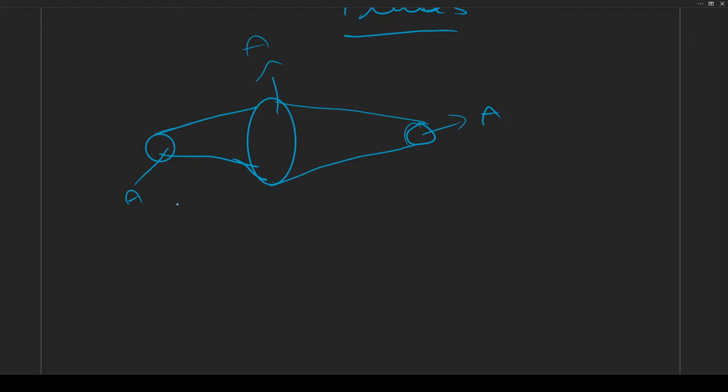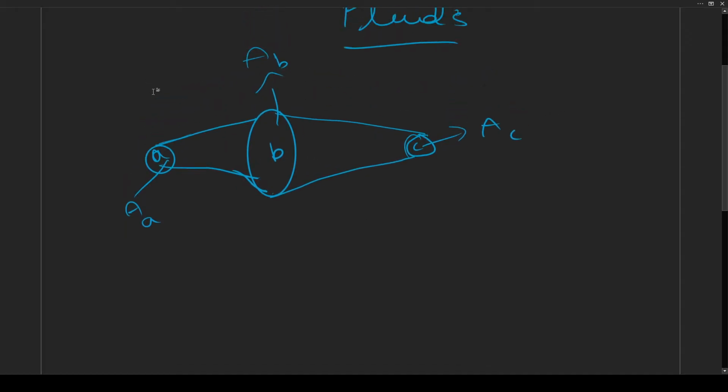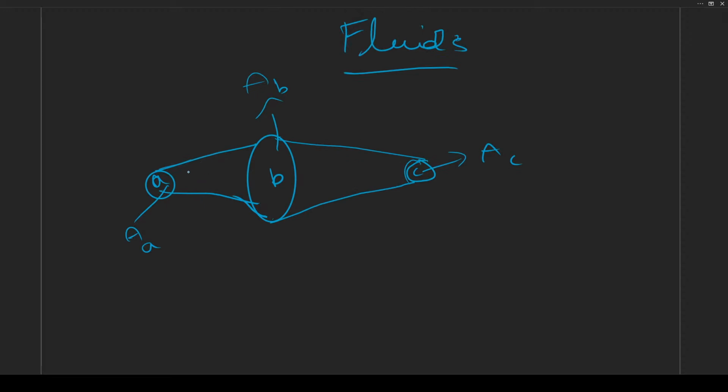If we name them surface A, surface B, and surface C, these will be areas AA, AB, and AC. If we consider the mass of the particles for a steady flow where water will be flowing like this, at this particular plane the particles at a certain point should have equal velocity, but that is not needed here.